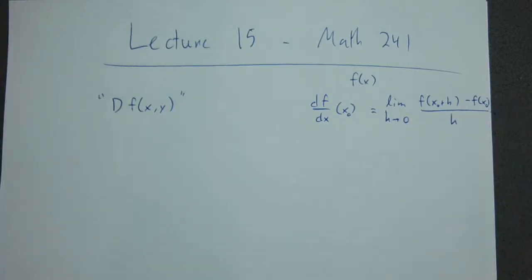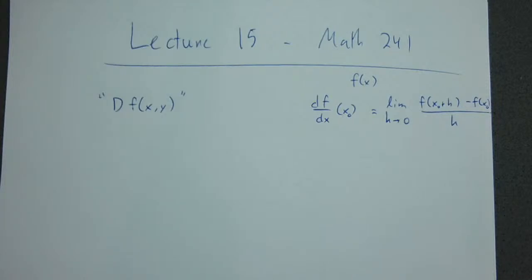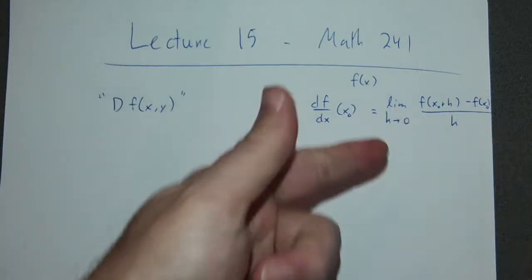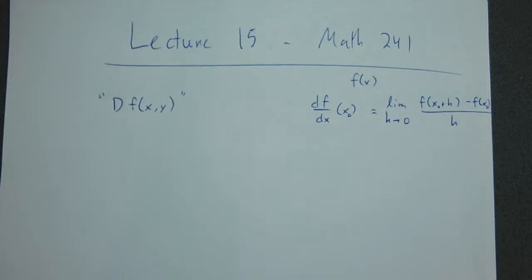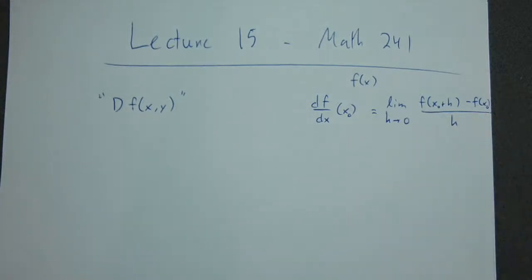And so in the early days of computing derivatives, at the very beginning of Calc 1, you actually computed these limits, these difference quotients. You computed them by hand. You did some algebraic trickery, and then you took this limit in any way that you could, and that gave you the derivative at that point, x naught.